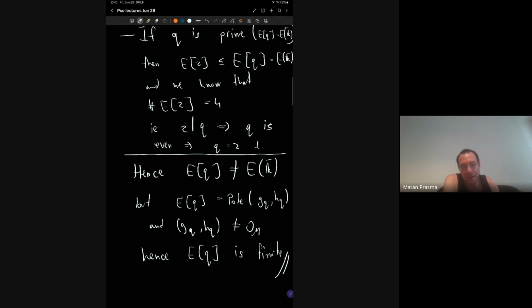And EQ is always the poles of this rational map. And if this rational map is not the zero rational map, then EQ is finite. But if we know that EQ is not the whole of EK bar, then we know that GQ HQ is not the zero map. It's an equivalent statement, right? Yes.